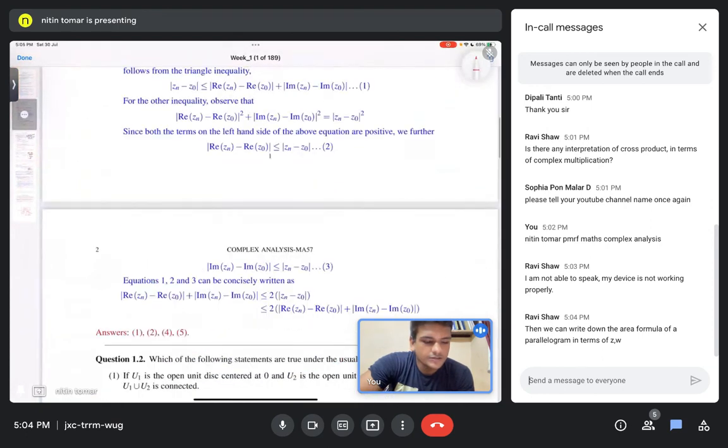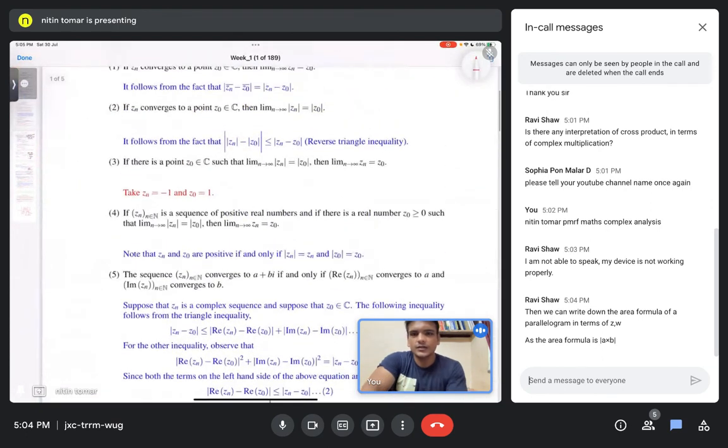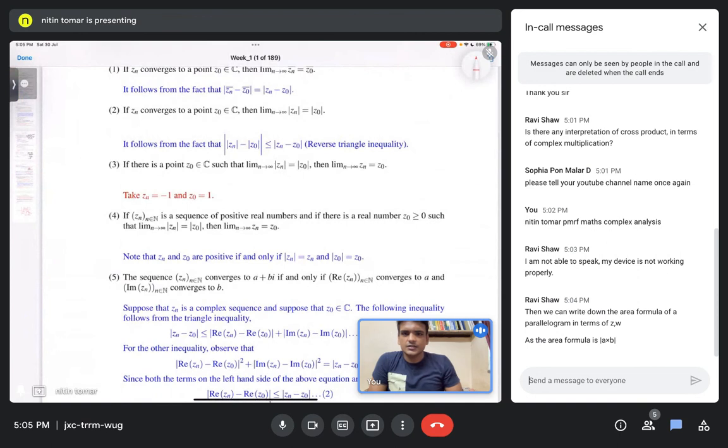This particular question which we saw was one particular example and a very easy one, because in that orthogonality was there. I mean, they were perpendicular. As the area formula is A cross B, what is A and what is B? Can you tell me what is A and what is B?